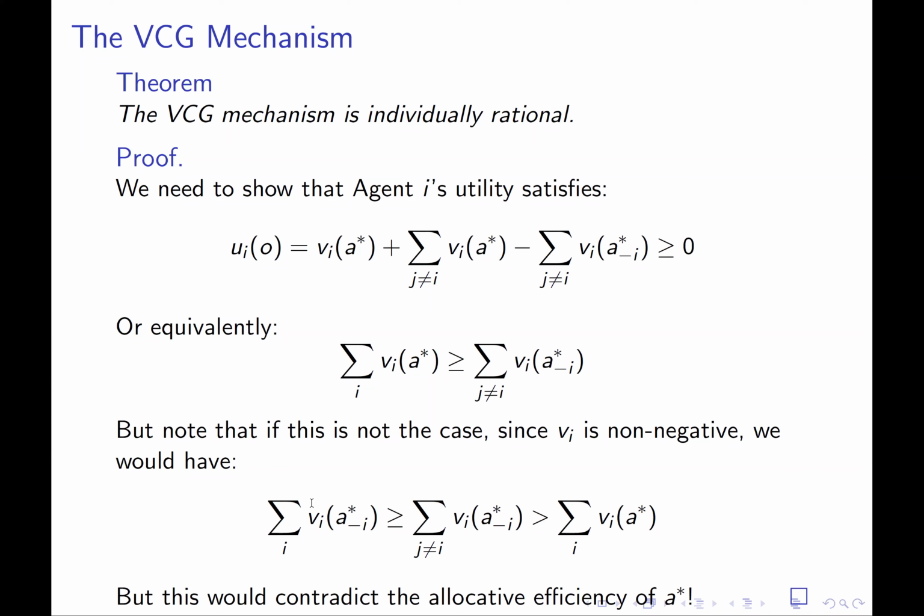Because the mechanism is allocatively efficient, we've chosen the alternative that maximizes social welfare. Or to say all of this another way, we decided to maximize social welfare. If the mechanism chose A star instead of choosing A star minus i, it has to be because A star has higher social welfare than A star minus i. And that's enough to establish individual rationality.